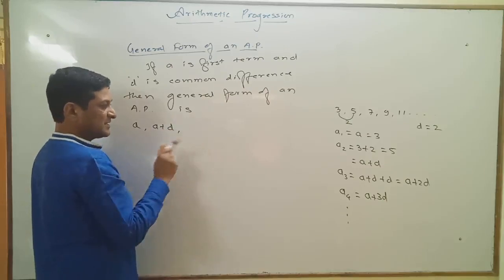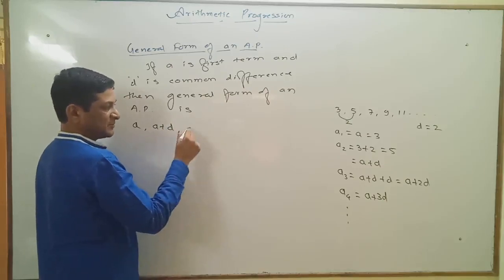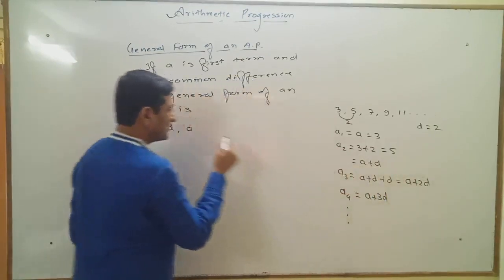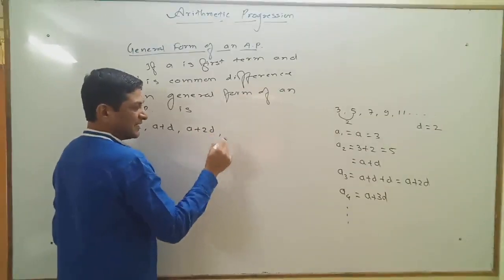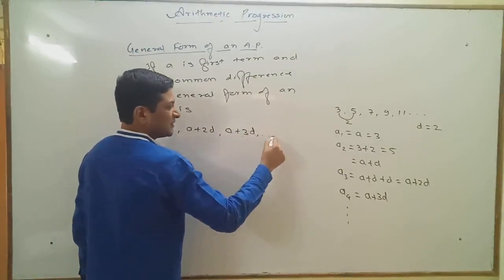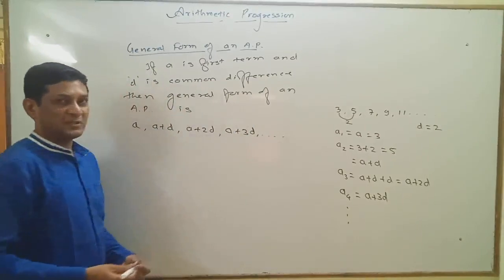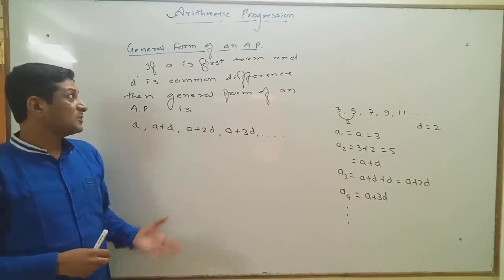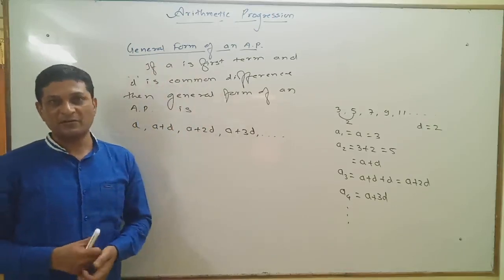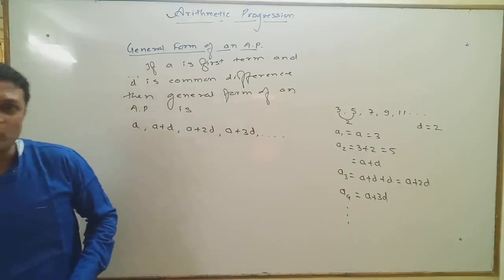Then to find the next term, again add D to the second term. Already we have seen that the third term is A plus 2D. In the same way, the next term will be A plus 3D. Continuing this way, we are able to obtain the terms in the arithmetic progression. This representation is called the general form of an arithmetic progression.